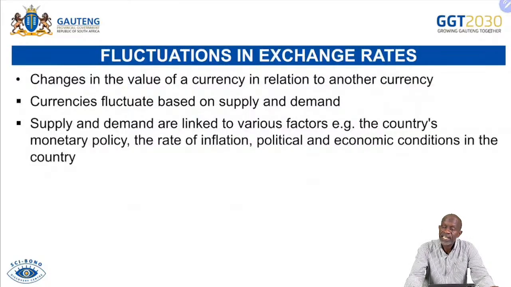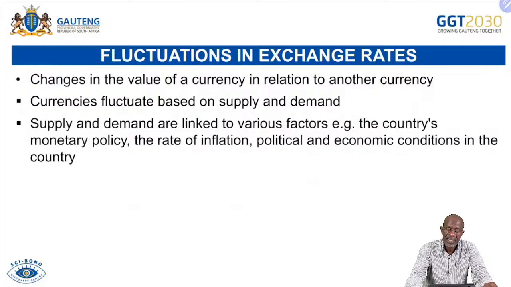A fluctuation in exchange rates is a change in the value of a currency in relation to another currency. Currencies fluctuate based on supply and demand. How much they can buy and from which source of supply, as well as the demand for such goods and products. How is the demand like? If there is a greater demand, it means the business will run smoothly. And those two variables control the fluctuation in the exchange rate. Supply and demand are linked to various factors.